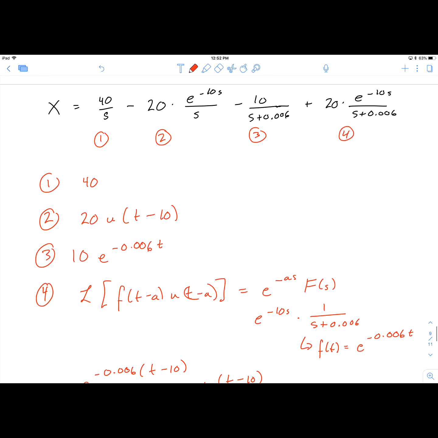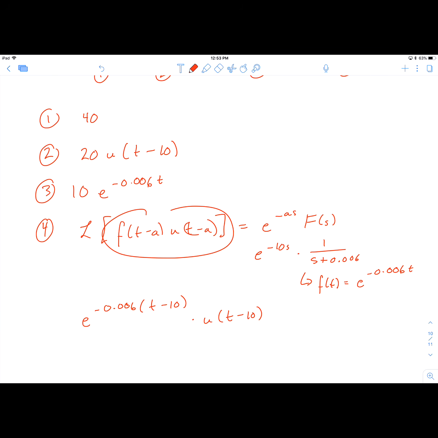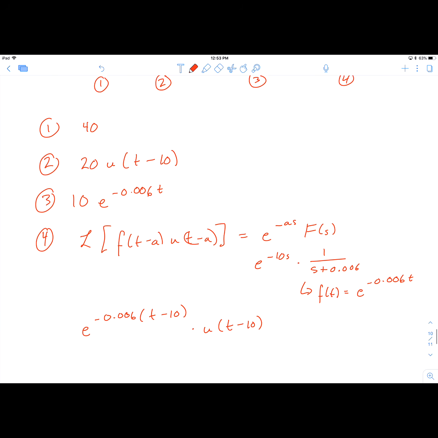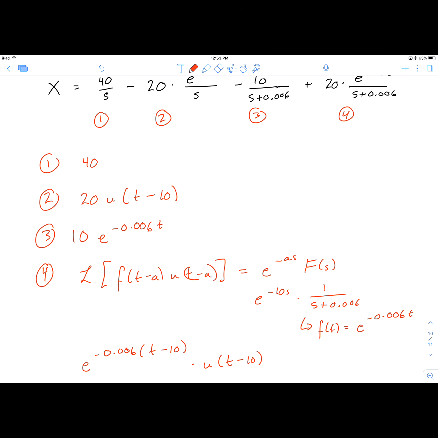Right, so again, it's a little tricky to follow all this through, but looking back, we found this form here and then split it up and said the remainder must be capital F of s, which means f of t is this one, and then we can work back to this form here using 10 for a. So we've got that last piece, and that's probably the trickiest piece of all of it.